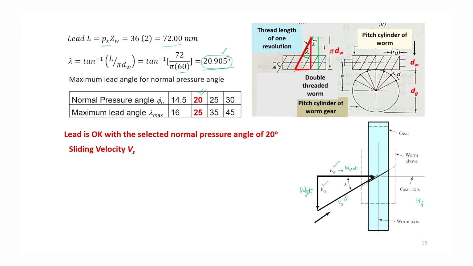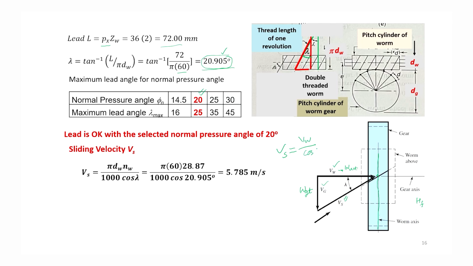So, the angle between this VW and VS will be lambda, because VW will act perpendicular to the axis of rotation of the worm. Axis of rotation of the worm is this one. And so, this angle is lambda. Now, to calculate this Vs, from this triangle, Vs is equal to Vw, the pitch line velocity of the worm, divided by cos of lambda.